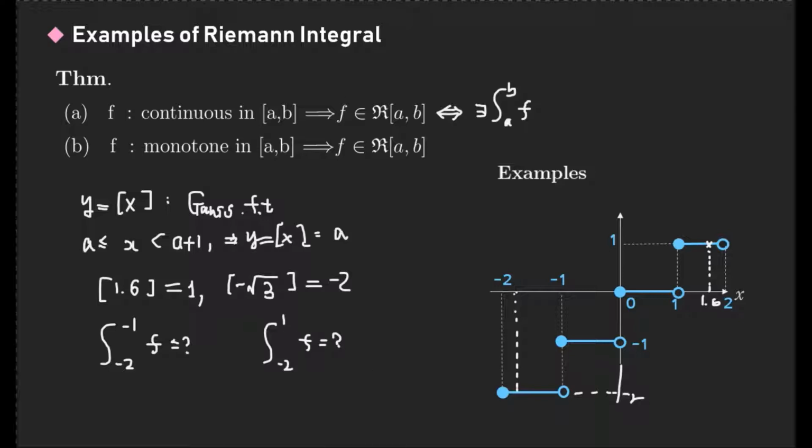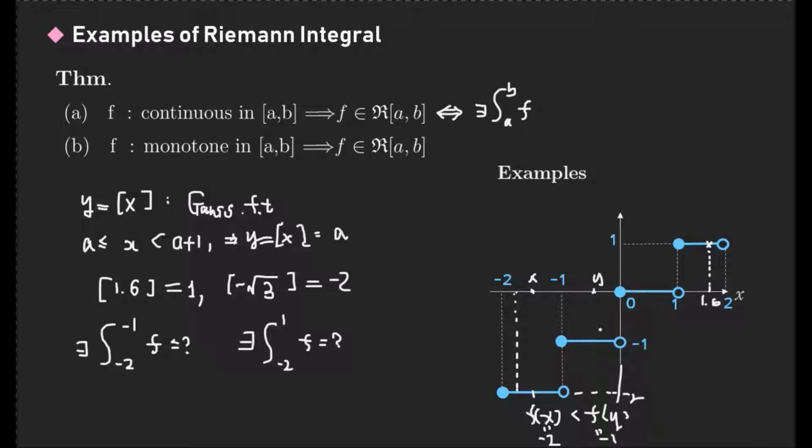The answer, by theorem B, is yes, this clearly exists, because the Gauss function is clearly a monotone increasing function. If we choose values x and y in different cases, the value f(x) is smaller than f(y). This is minus 2, this is minus 1.